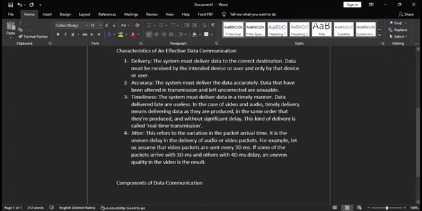Okay, so there are 5 components of data communication. There are 5 components of data communication.